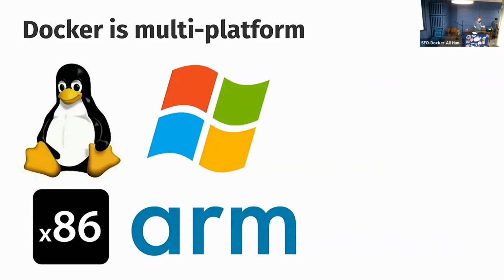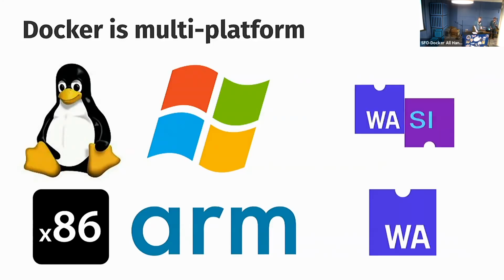The way we want to think about it is that you build an image, it should work basically on all platforms. You should only work with one artifact. And I guess the question here is how we can add Wasm and WASI into the same mix and make them basically the same thing as far as Docker is concerned.